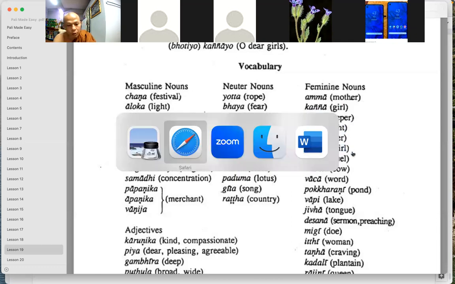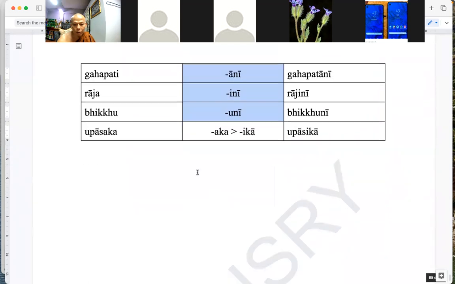So that one also, you know. Daraka means boy. But for the feminine, the aka is changed to ika, like the upasaka, upasika. So darika, girl, in this way.